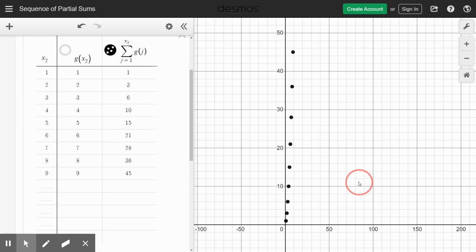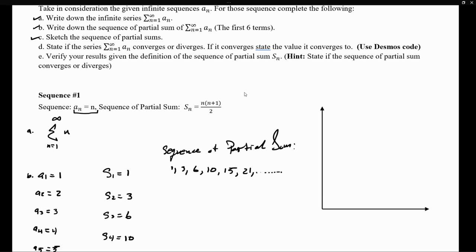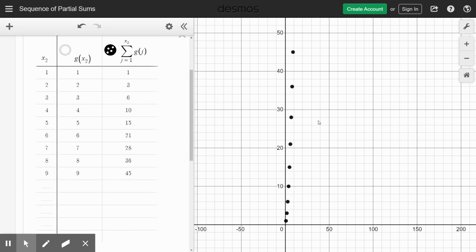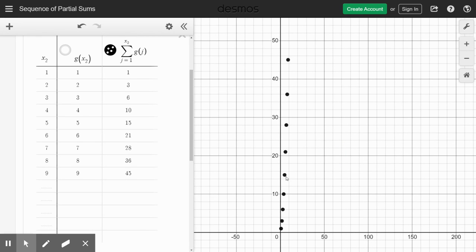But most importantly, what do we notice? Does the sequence of the partial sums seem to be converging or diverging? Well, notice that it seems like the sequence of partial sums is a divergent sequence, because if we plot it, it seems to be just increasing without a bound.